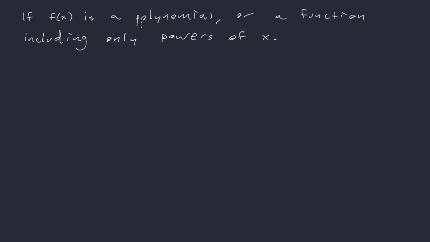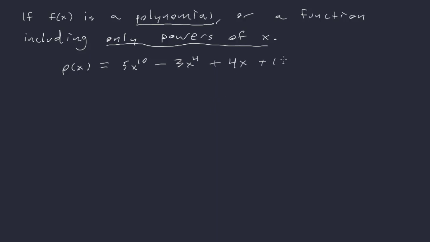if f of x is a polynomial or a function including only powers of x, okay, so the main difference there is that a polynomial only includes positive whole number powers of x. So that would be like 5x to the 10th minus 3x to the 4th plus, let's say, 40x plus 10.